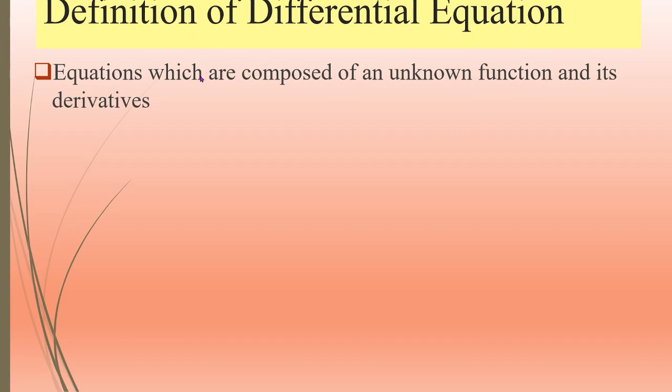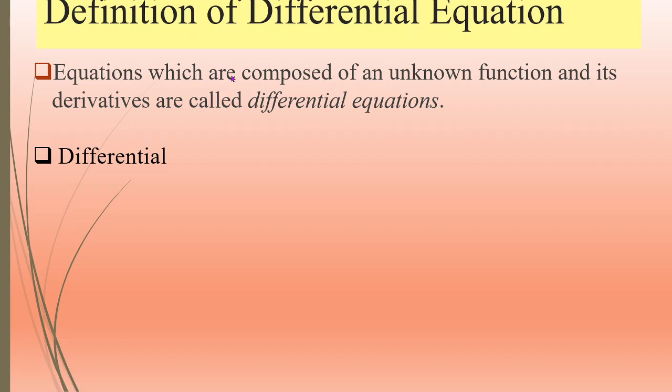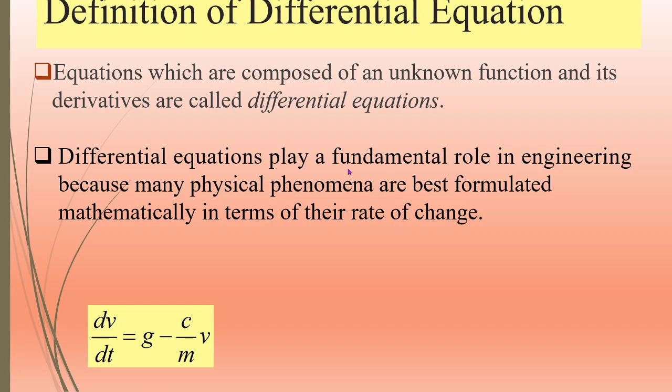In layman's language, an equation containing derivatives or differential coefficients is called a differential equation. Differential equations play a fundamental role in engineering because many physical phenomena are best formulated mathematically in terms of their rate of change.